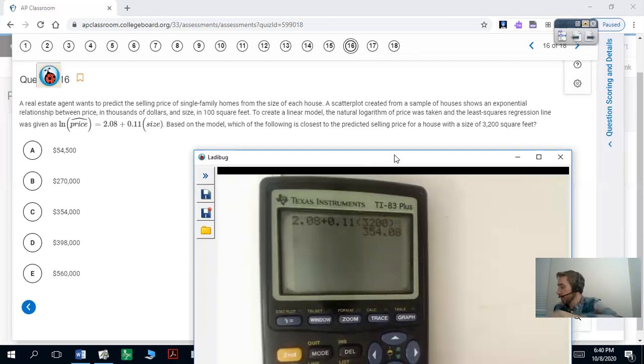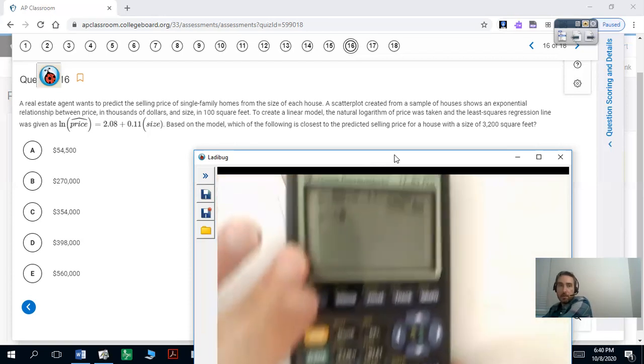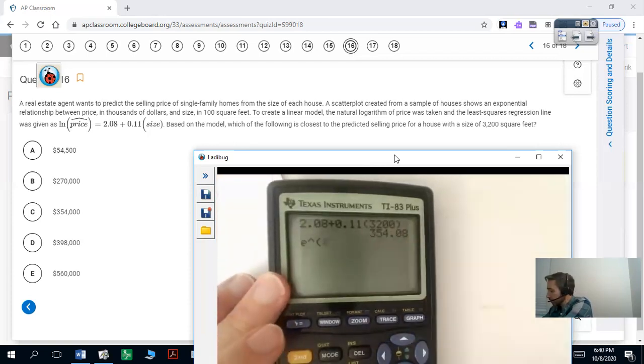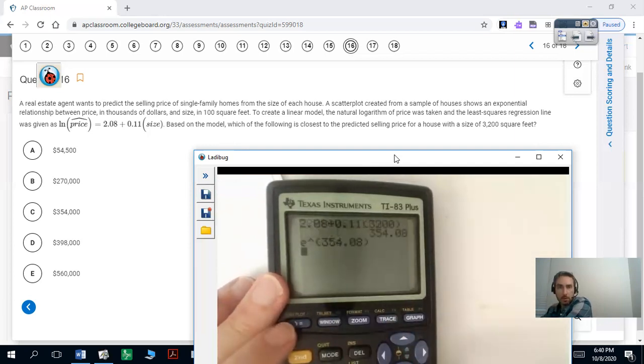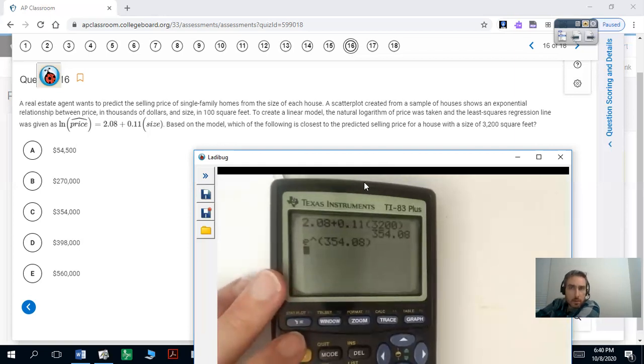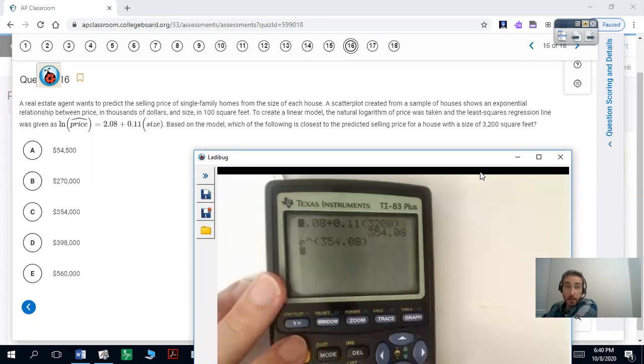So we're going to do second ln right there, and we're going to raise that number. And, whoa. All right, well, clearly that's going to be too much, and I misread that problem.